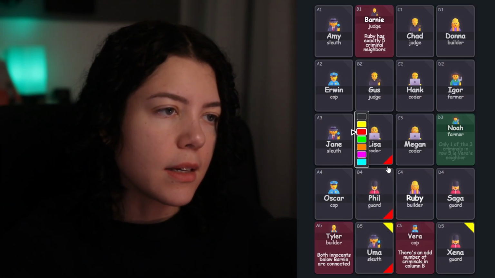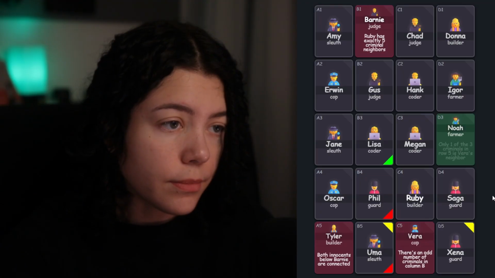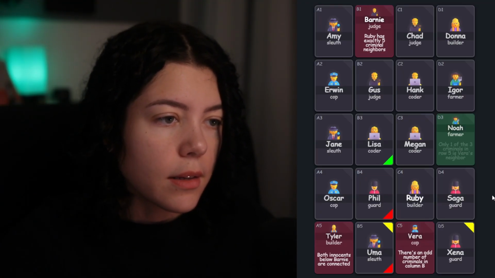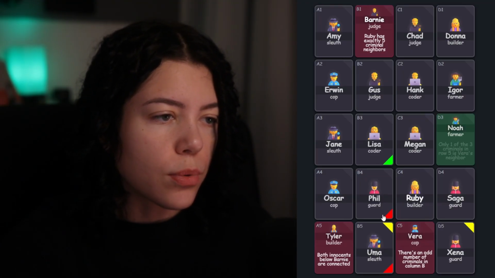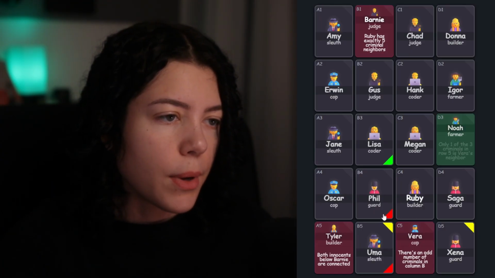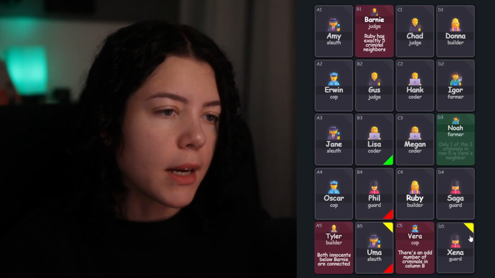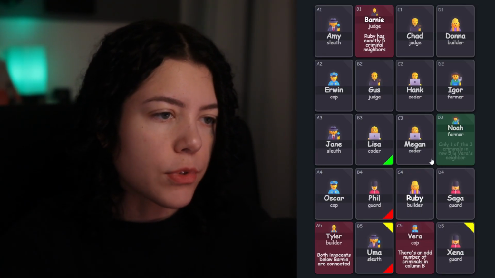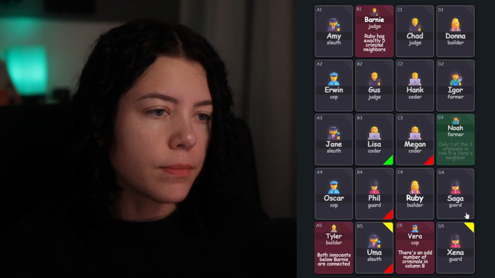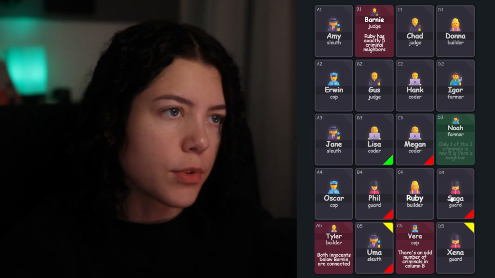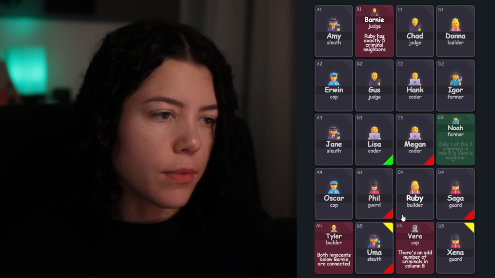That will make Lisa an innocent. And now Ruby has 1, 2, 3 criminals neighboring her. If that, that will make both Megan and Saga criminals as well, because she needs 5, right? So these 2 are criminals as well. 1, 2, 3, 4, 5.